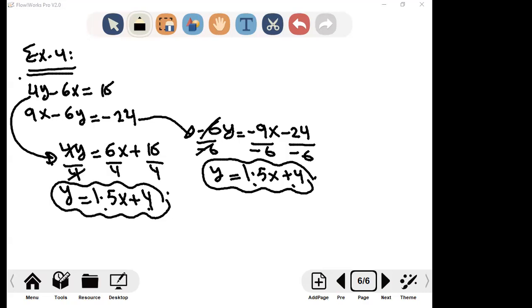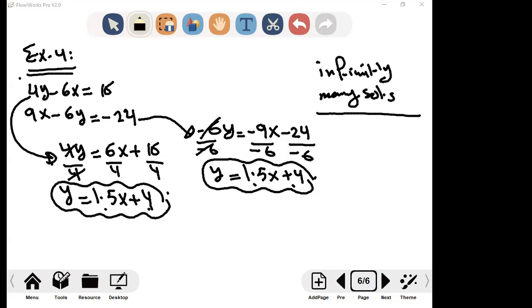So here we have infinitely many solutions, right? What do we call infinitely many solutions? Dependent, and what else? Consistent.